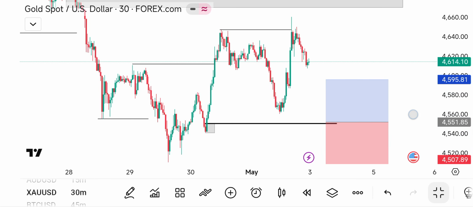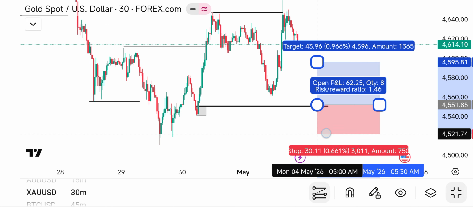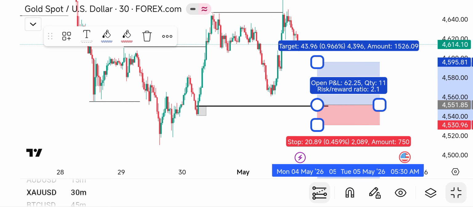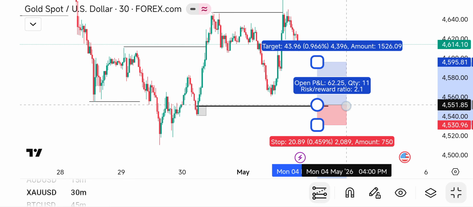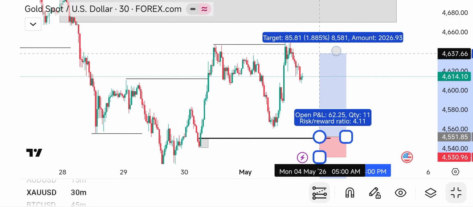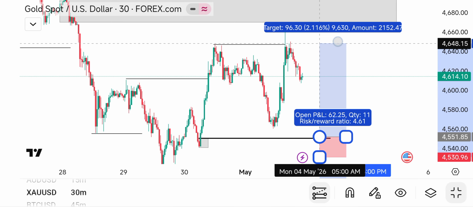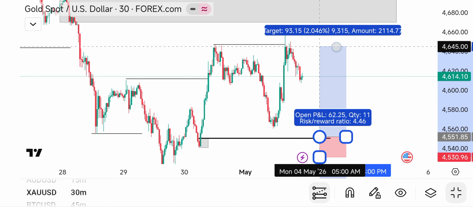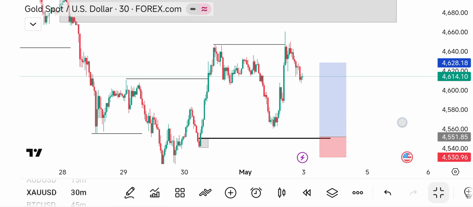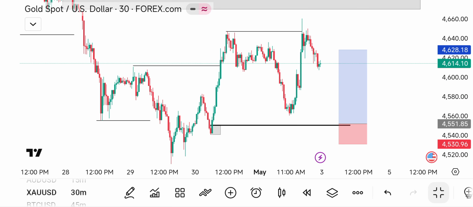Okay, so this is it. Stop loss maybe just below this place, like this. Then we target the high. You can target this high, or you can still just keep it at 1 to 2 or 1 to 3 risk to reward.